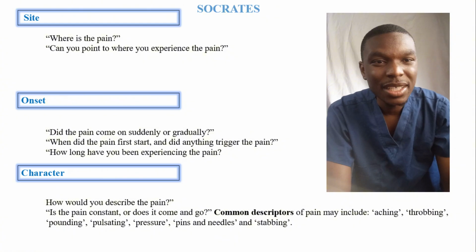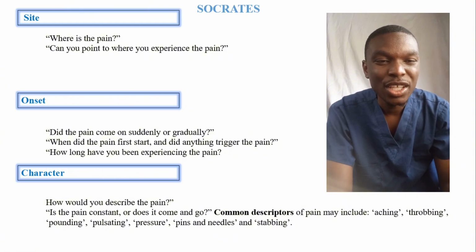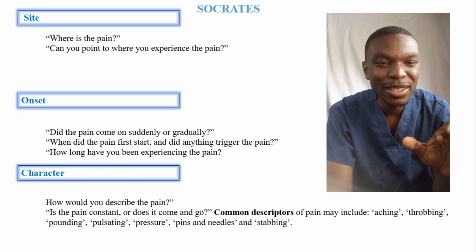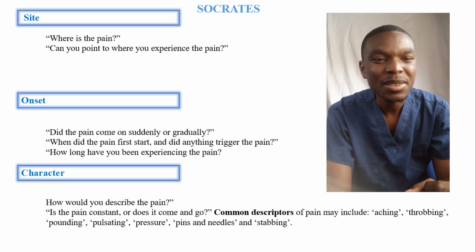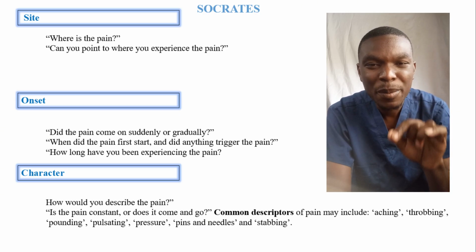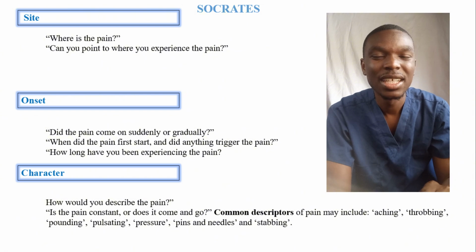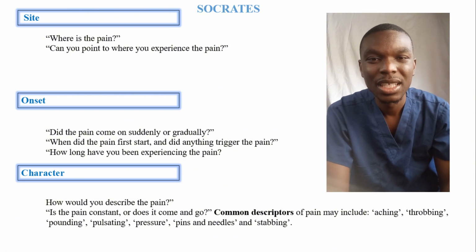The C is for the character. You want the patient to describe the character of this pain. Some common descriptions of pain are aching pain, throbbing pain, pounding pain, pulsating pain, pressure pain, pins and needles, or stabbing pain.